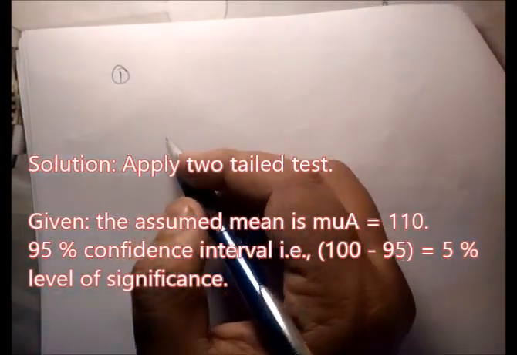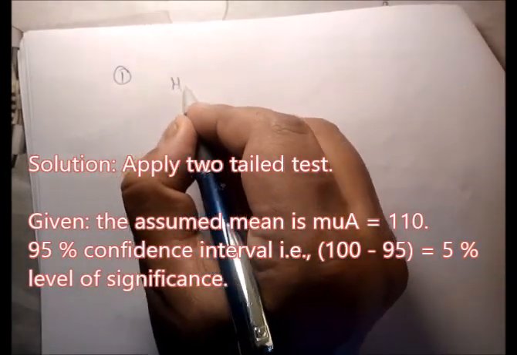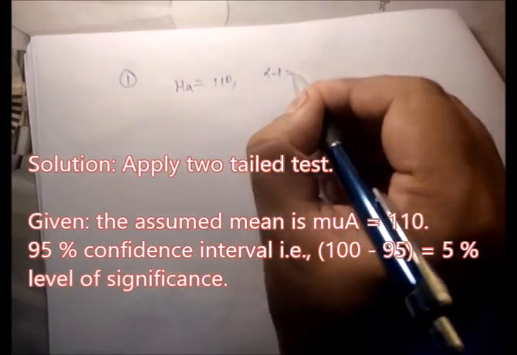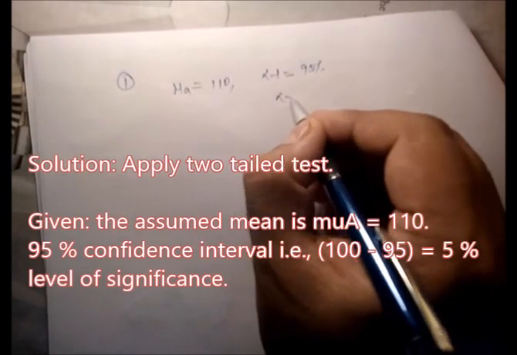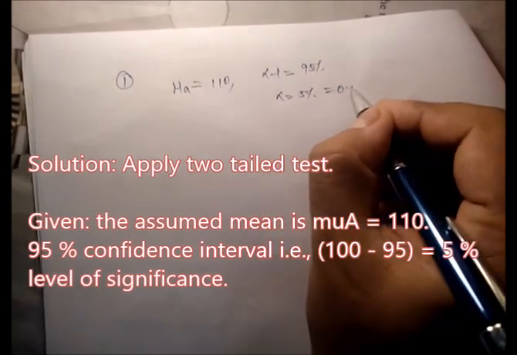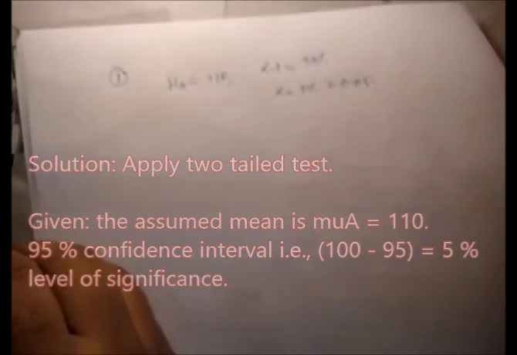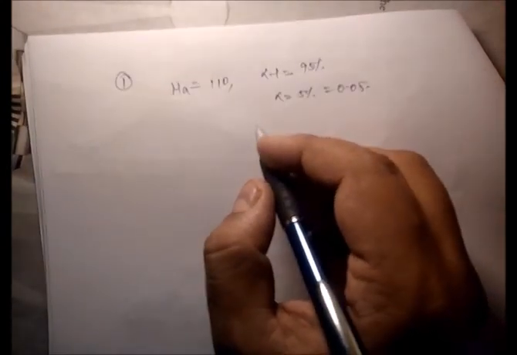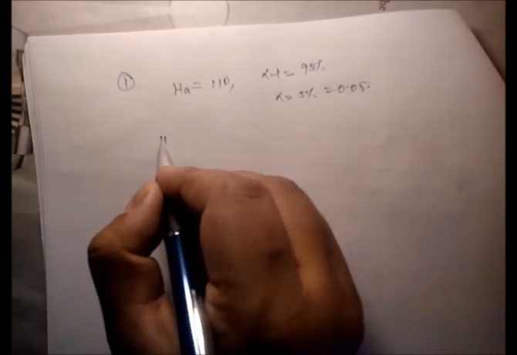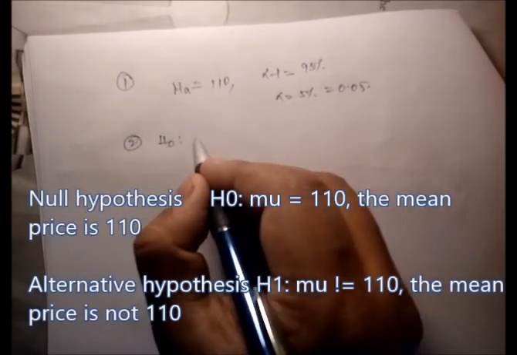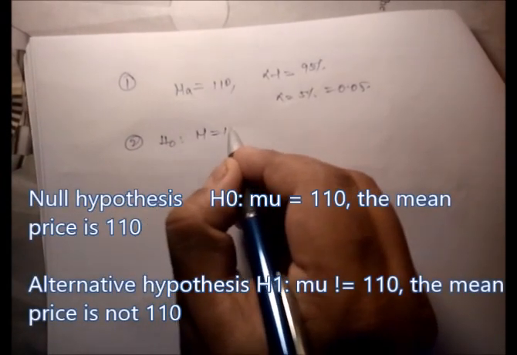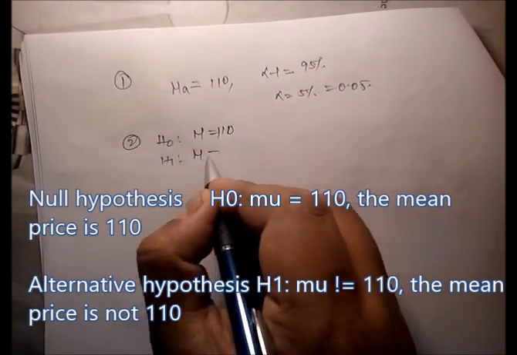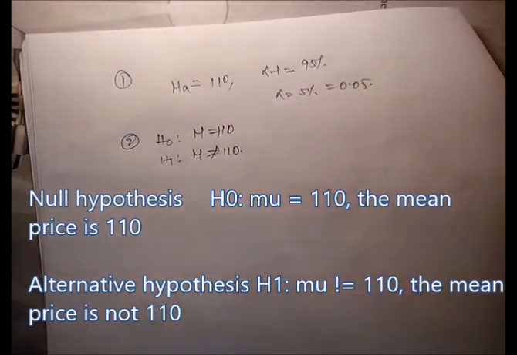So two-tailed test, assumed mean is 110, confidence is 95%, so alpha is equal to 5% or 0.05. Now the null hypothesis: mu is equal to 110 and mu is not equal to 110.